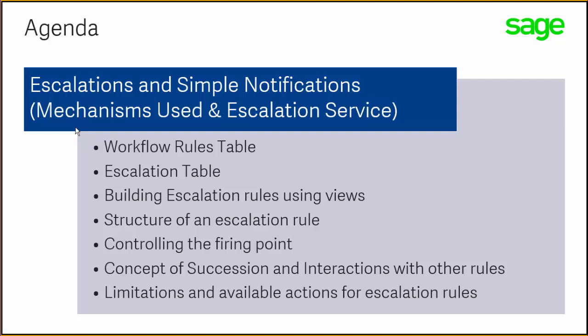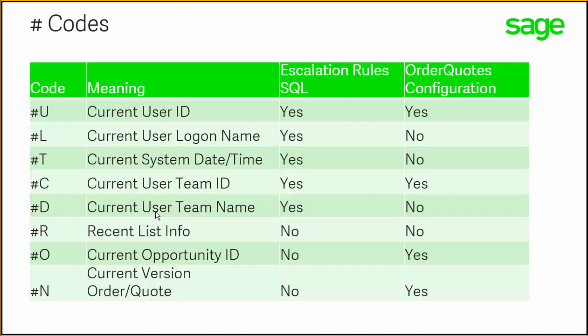These are ideas of succession, interaction with other rules, and also the idea of recursion, some of the problems that may occur with escalation rules because we're changing data automatically. So what I want to do is go through the process of creating for us a simple escalation rule.